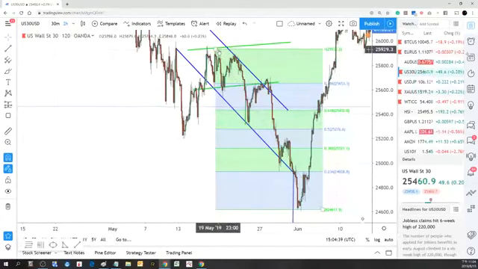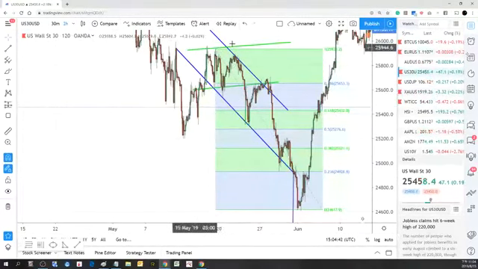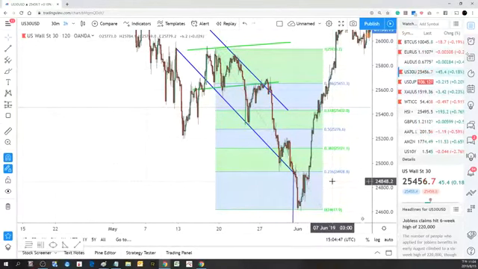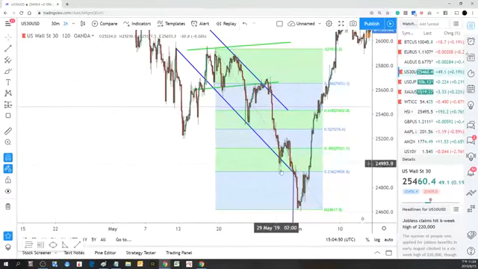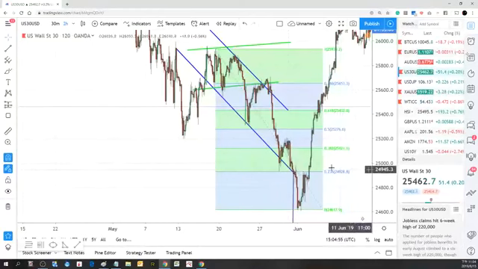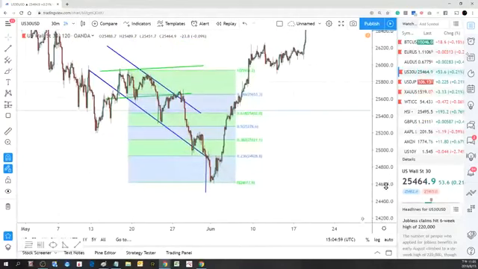So if you use this 1-to-1 ratio to validate the channel and then draw the Fibonacci ratio from there on, it gives much better places for you to indicate the market resistance and support.